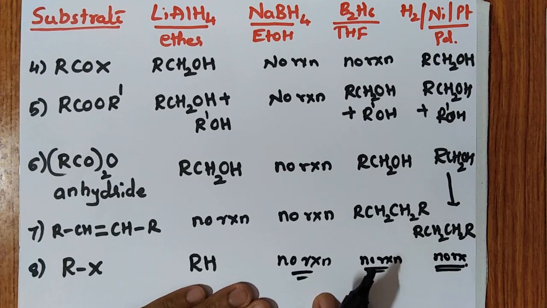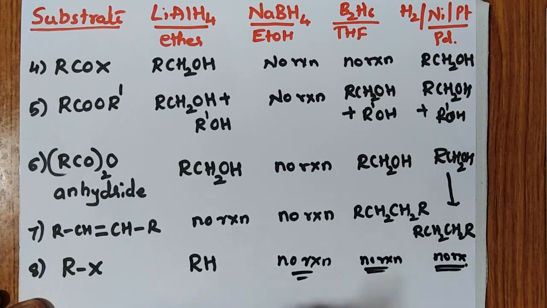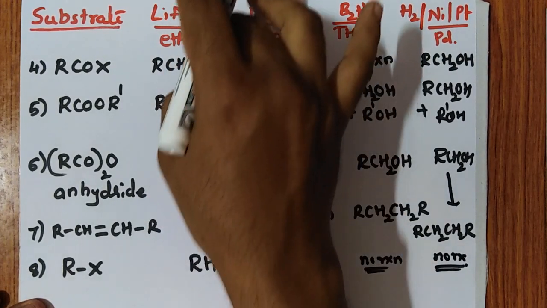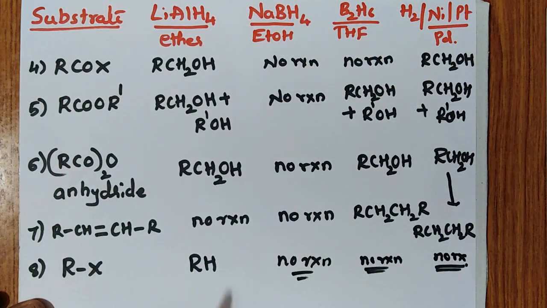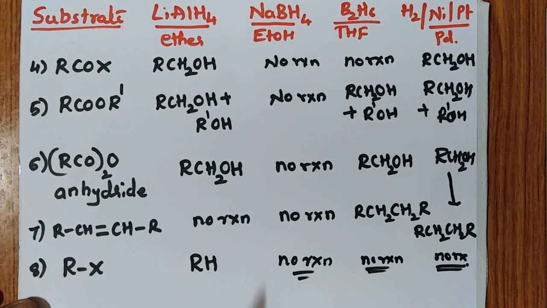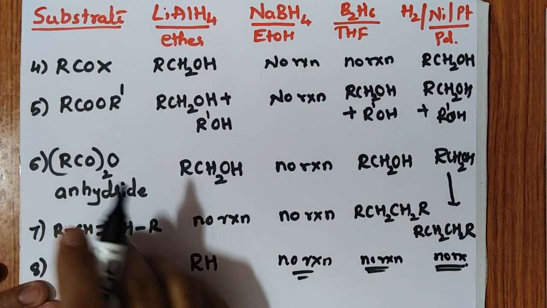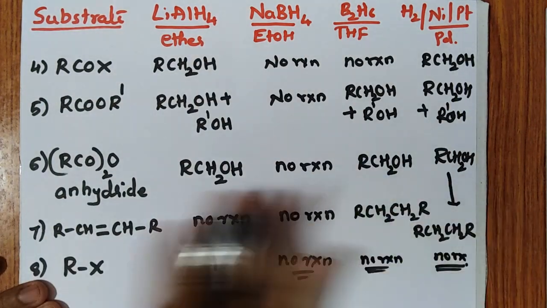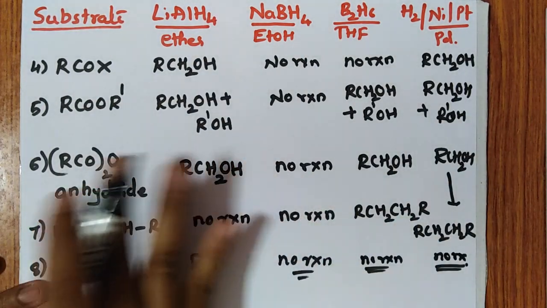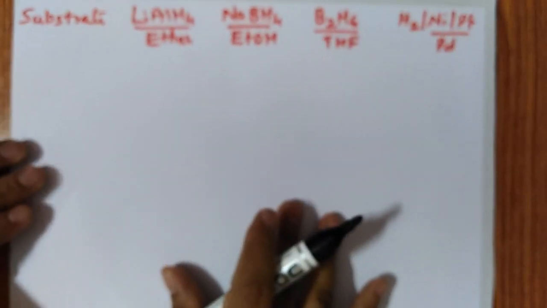So there is no reaction in all three, only RX is converted into RH in the presence of lithium aluminum hydride as a reducing agent. So this is about the eighth one. Once again you can see all those things, very important from the exam point of view. Remember the differences. Then we'll see the remaining. So 8 substrates I have finished.